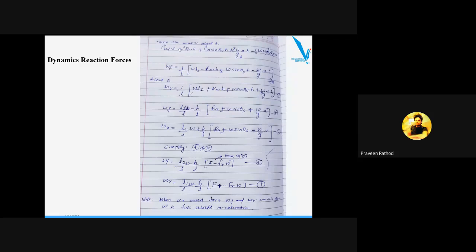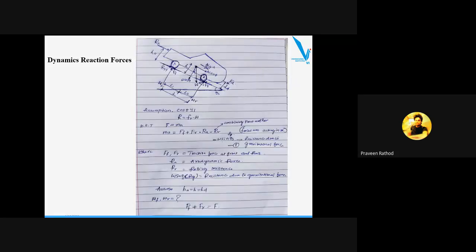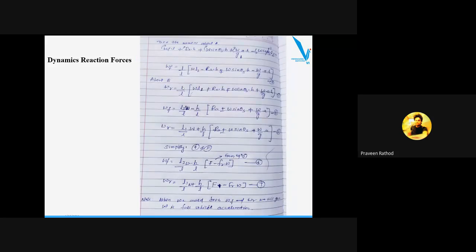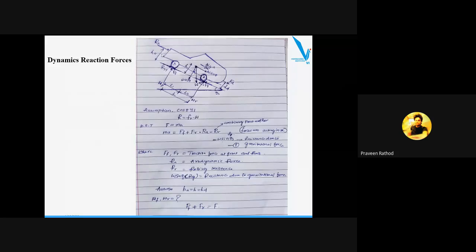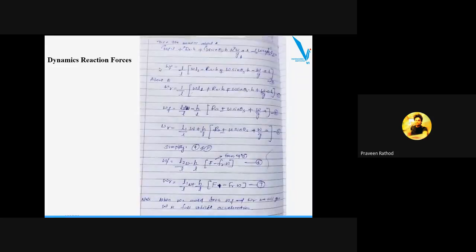So first is WF into L, where WF is this one and L is the total length between the tires. Plus RA, which is also acting in the clockwise direction, RA into H. You can consider it as HA also, or as H also.